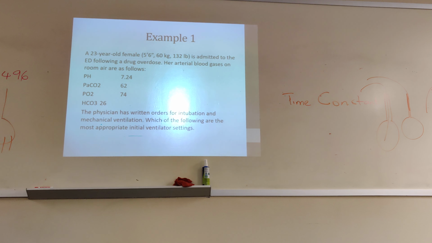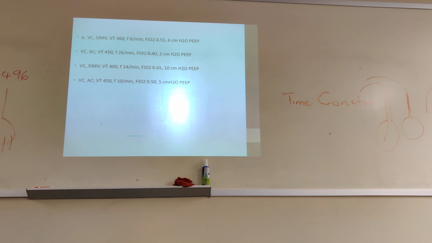Whatever tidal volume I pick must be in this range. And one more thing: they're on room air, so whatever FiO2 I put them on must be between 40 and 60. Let's look at the options. SIMV. Don't worry about the mode.